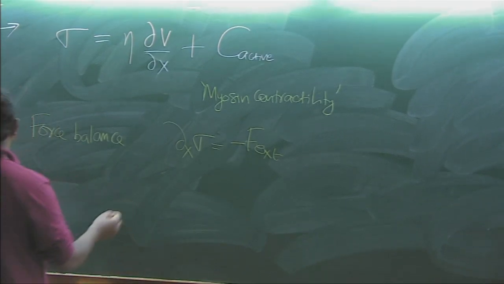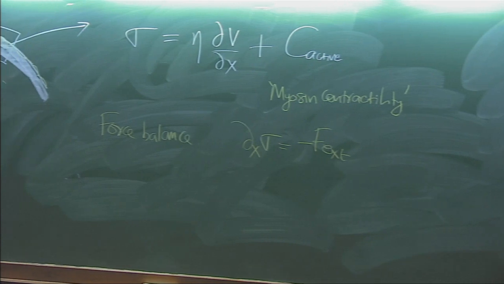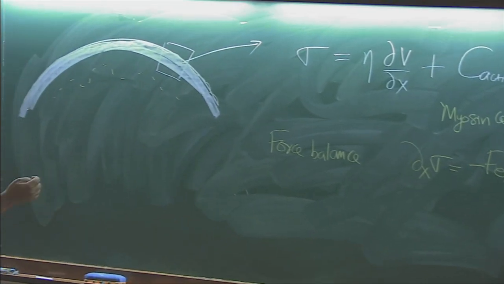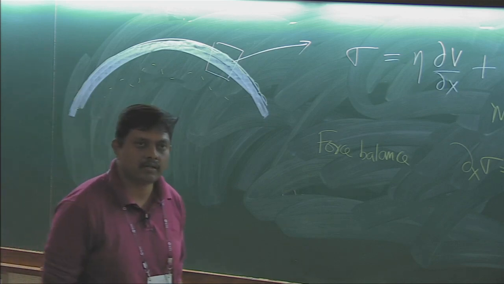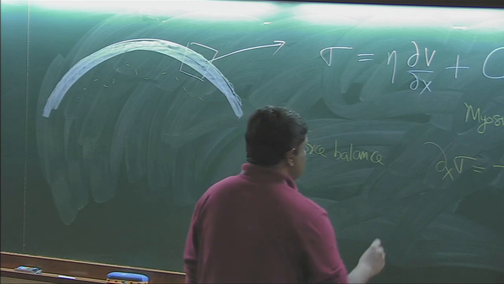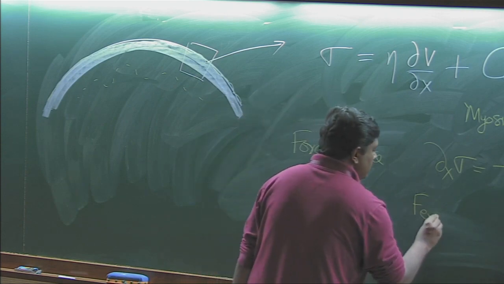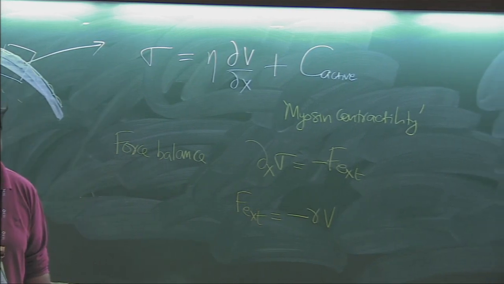In a very simple description, one says that, remember, there's a cytoplasm here and there is a membrane sitting here. So you're really looking at the motion of a thin film on a substrate, either the cytoplasm or the membrane. And so to a very low approximation, you can really say the external force is essentially a friction that is proportional to the local velocity of the fluid.